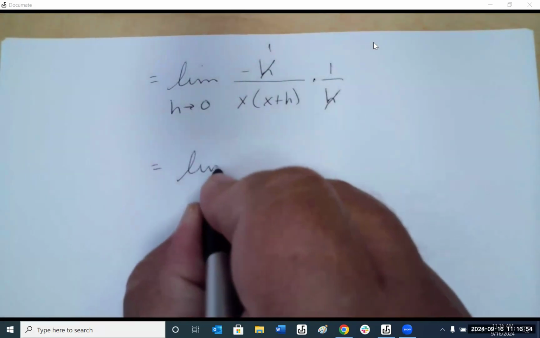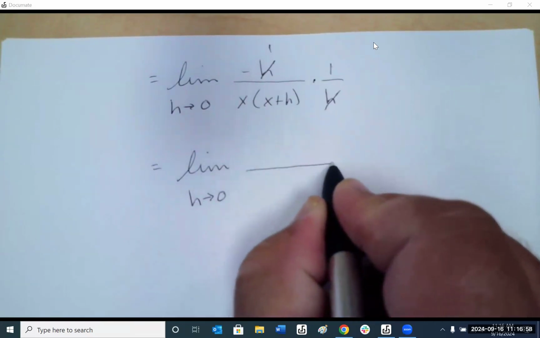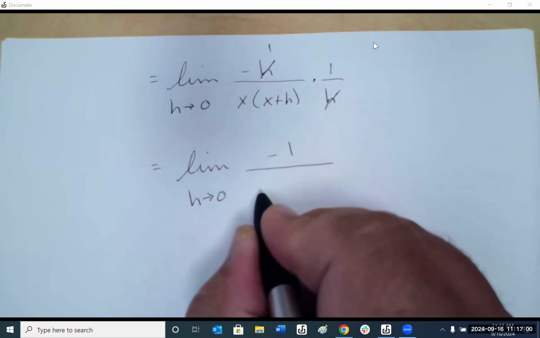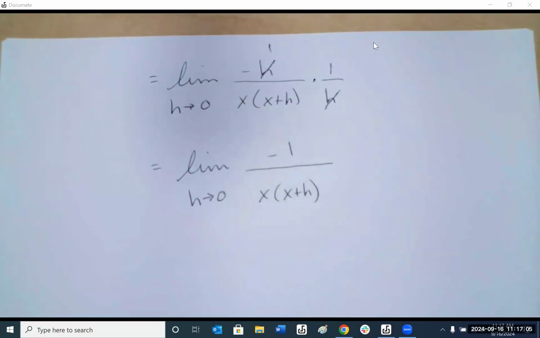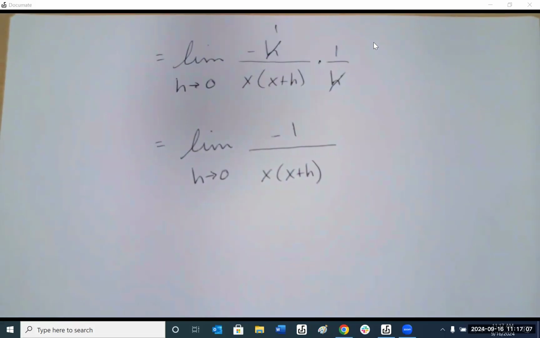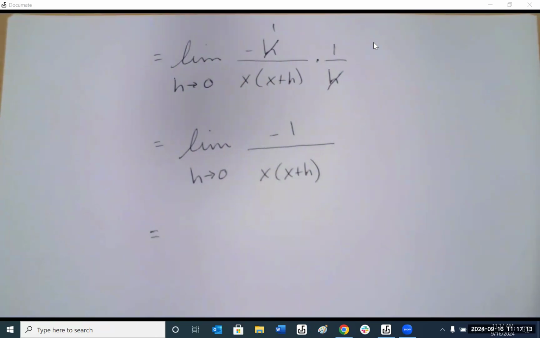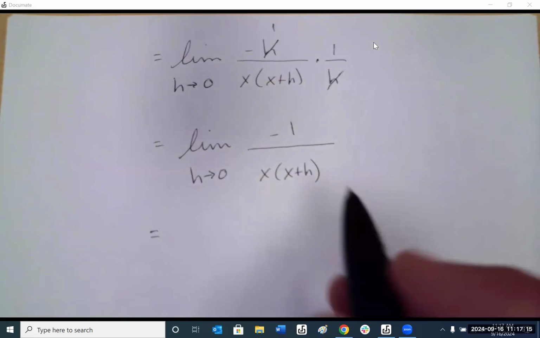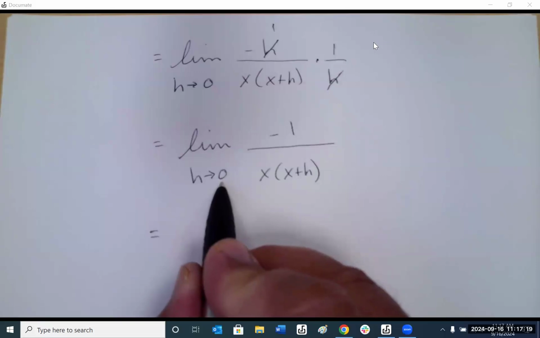So I have the limit as h goes to 0 of negative 1 over x plus h. We can't do anything else algebraic here, really. So make h go to 0.